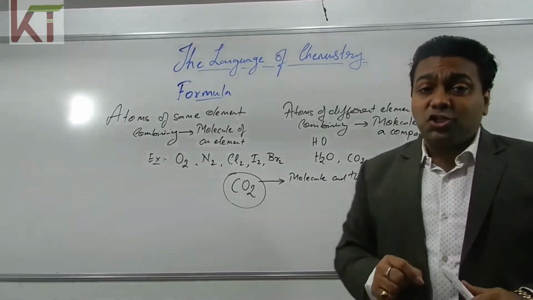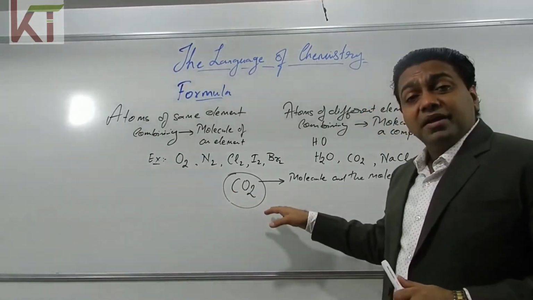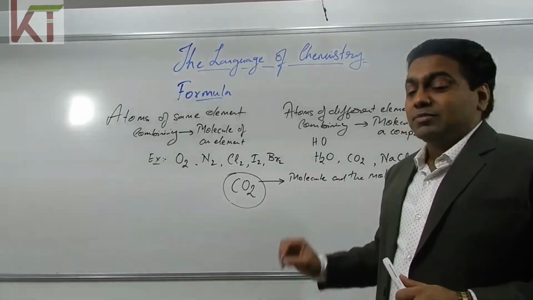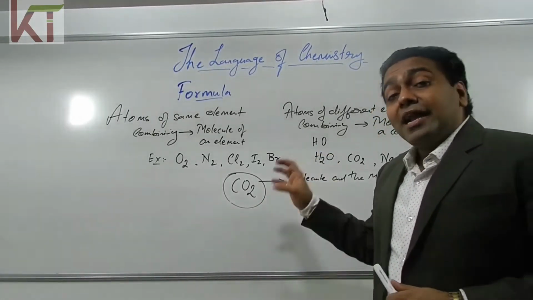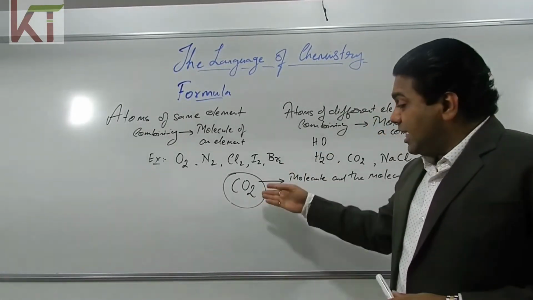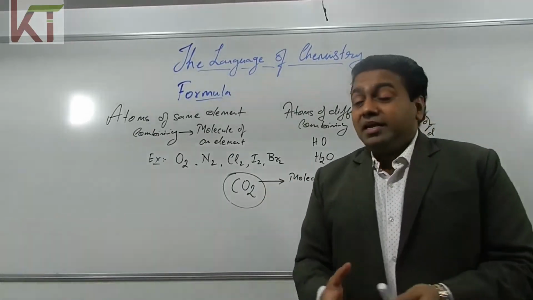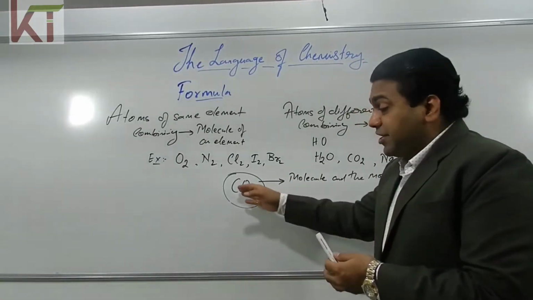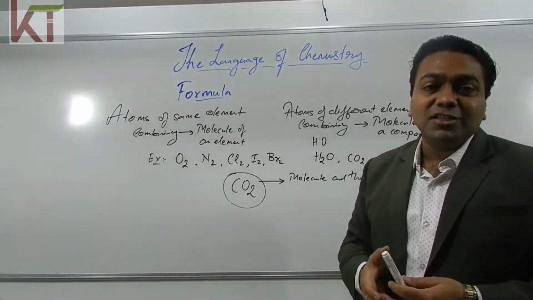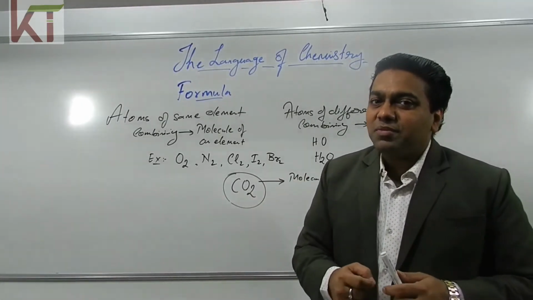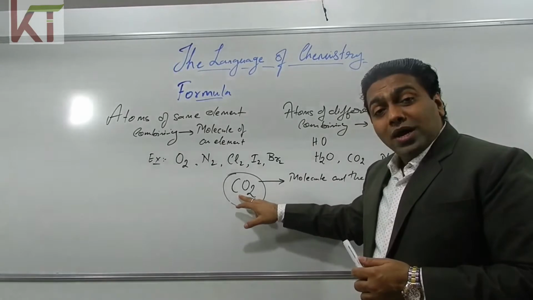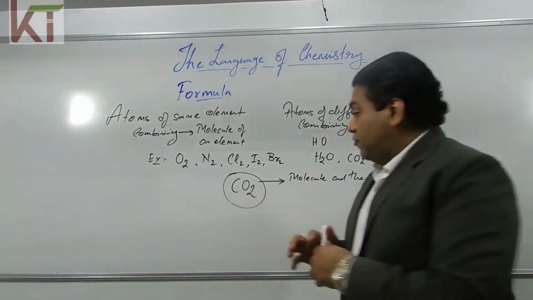The second information that I get from here is how many elements are present and how many atoms of each element are present. Now in carbon dioxide, you can very well tell me that there are only two elements present. Which are they? Carbon and oxygen. And if I ask you how many atoms of each element are present, then you can say one atom of carbon and two atoms of oxygen.